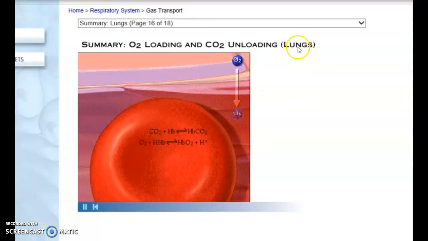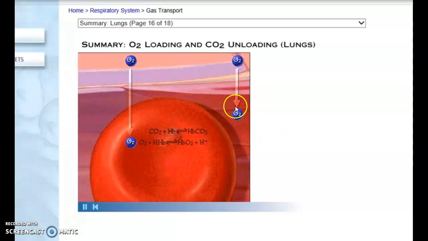Okay, so we are in the lungs. So loading and unloading take place both in the lungs and the tissues, but remember, it's always from the perspective of the blood. What is loading into the blood at the lungs? Well, oxygen is. So what would be unloading from the blood in the lungs? Well, carbon dioxide would.